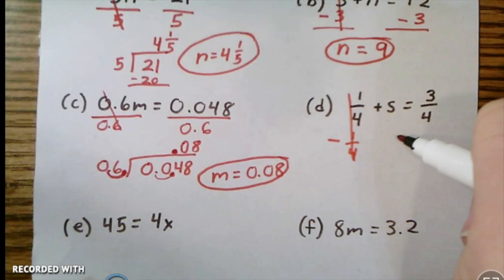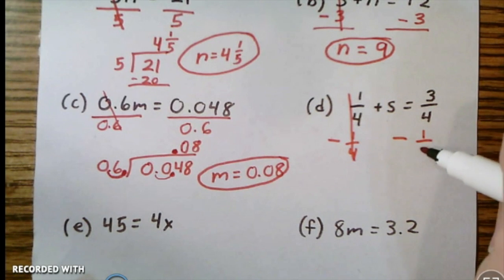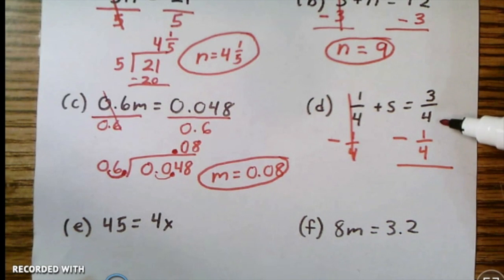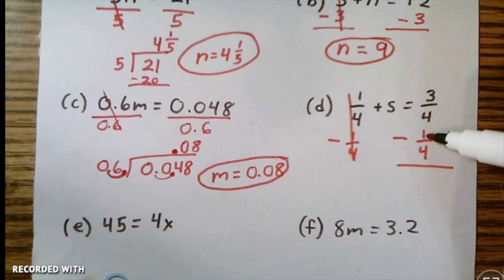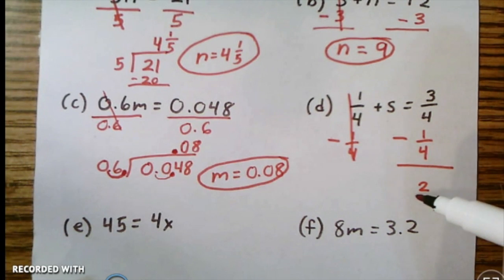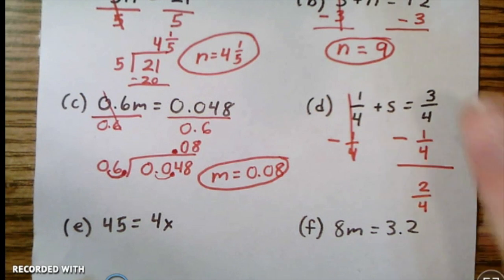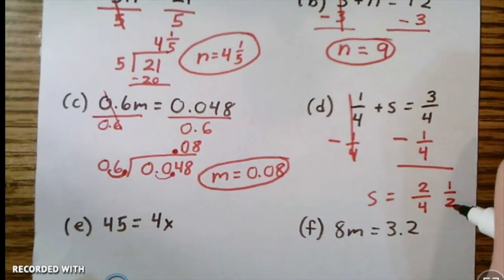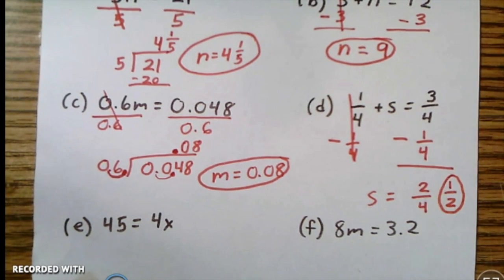Cross them off. And then I'm going to subtract 1/4. They already have the same denominators, so I'm going to do 3 minus 1 is 2/4. So I have s equals 2/4 or 1/2.